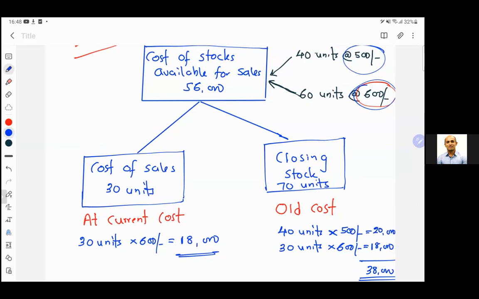You see closing stock 38,000 plus cost of sales equal cost of the goods available for sale.